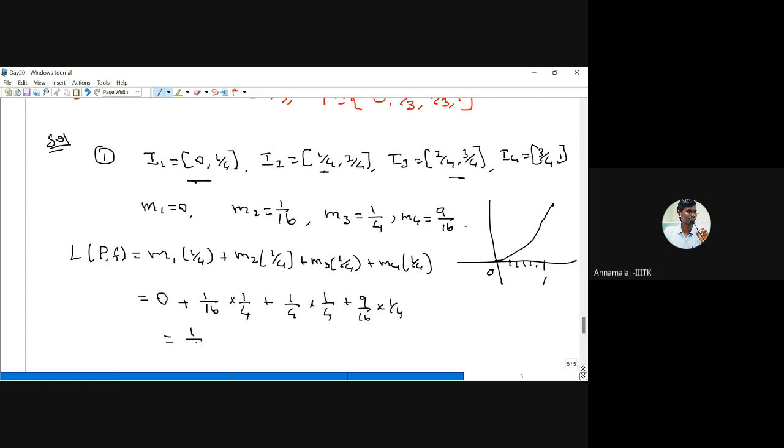You can take 1 by 4 outside. You will get 1 by 16 plus 1 by 4 plus 9 by 16. If you want, you can take 16 also outside. Therefore, 1 by 4 into 16, we get 1 plus 4 plus 9, so 14 by 9 into 16.